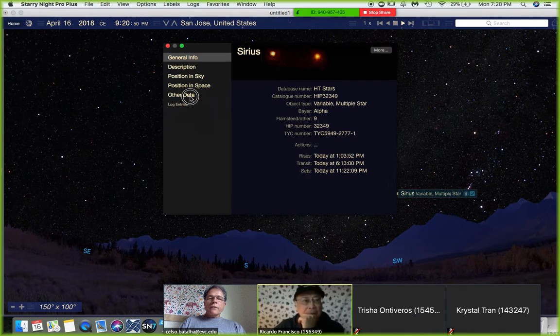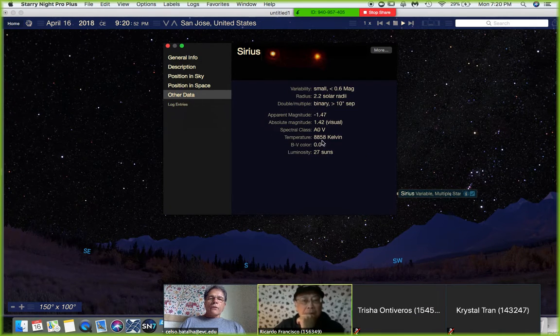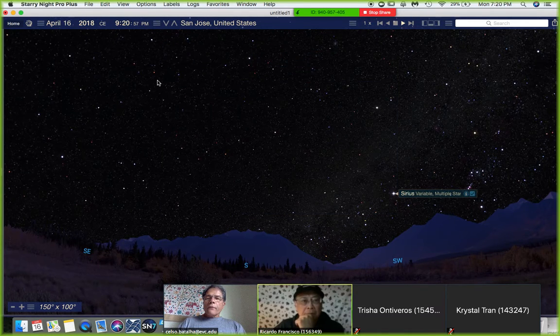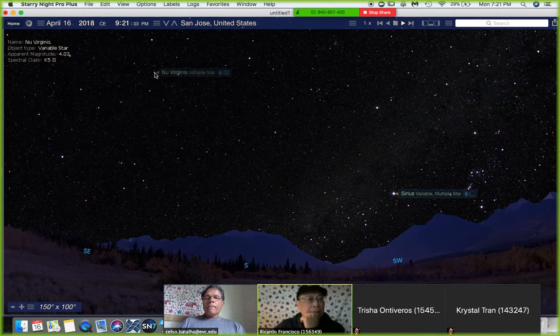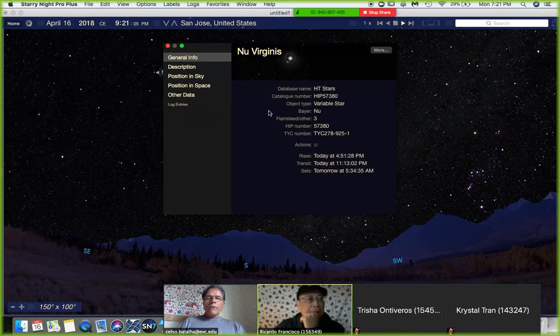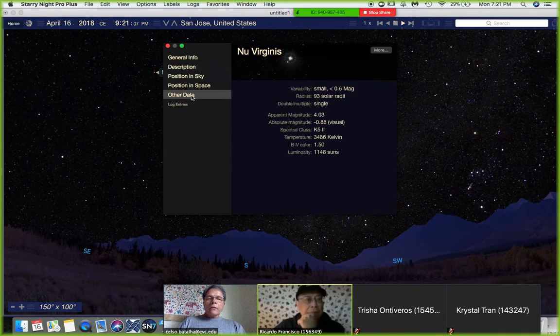Sirius is a good, let's say, 9,000 Kelvin. And if you take this star, it looks yellowish. Just by looking, you might determine this star has a lower temperature, like 3,500 instead of 9,000.